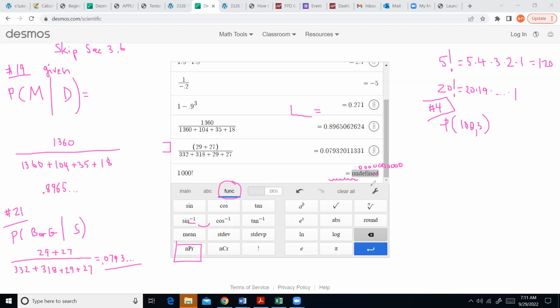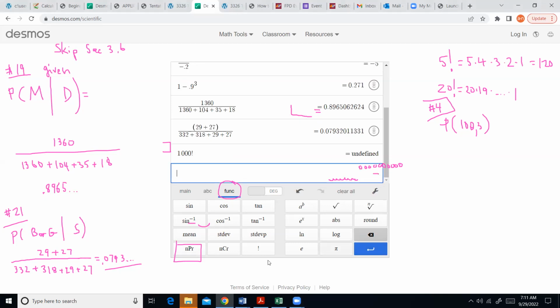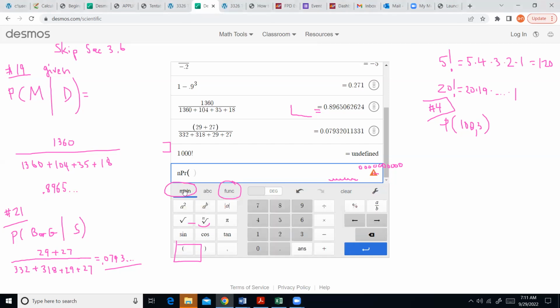So I enter this in the calculator, nPr. And then in the parentheses, to get back to numbers, I need to go back to the main menu. That's where the numbers are. So I click on this main, and I just put 100 and then a comma.